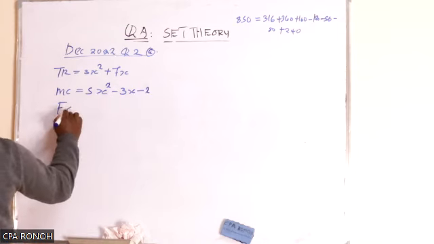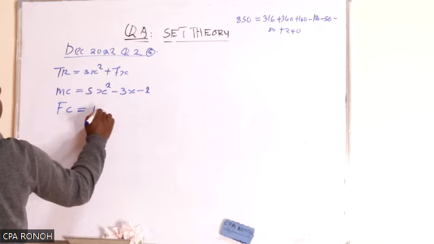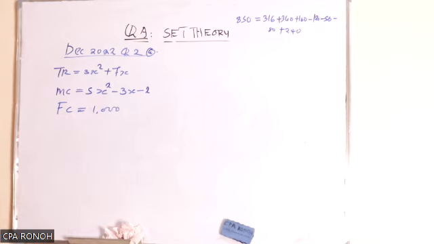Then we have the fixed cost. The fixed cost is 1,000, where x is the monthly output in thousands of pairs of shoes.